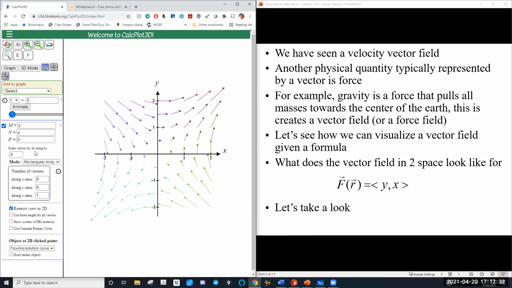All right. And again, the Calc 3D plotter can do it. Like I said, I'm not going to have you draw them by hand, but I do want you to get used to relating the equation of the vector field to the view of the vector field.